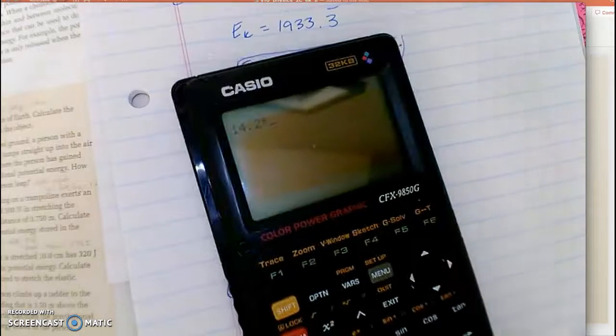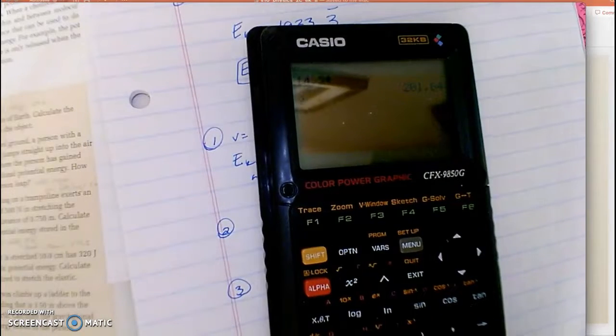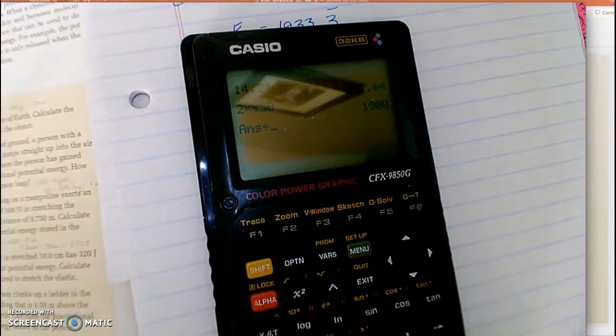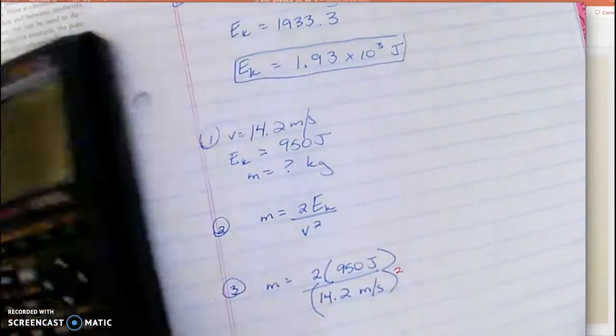So 14.2 squared, and then 2 times 950 divided by 201.64. 9.4, blah, blah, blah.